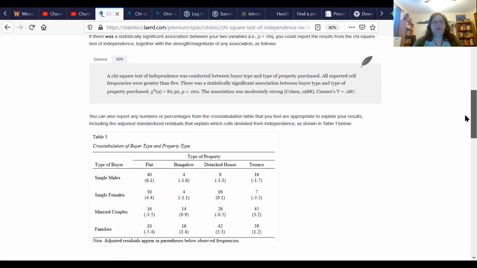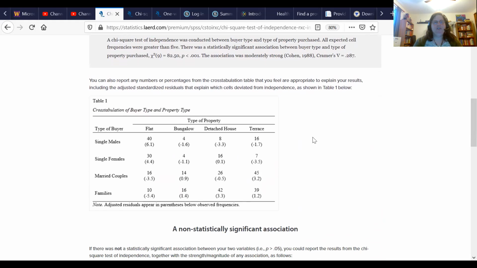So that's it. It's a pretty short one, as you can see, in terms of the write-up. Like I said, I would probably add that sentence in to talk about which ones are significantly different than independent. So in this case, single males purchasing a flat was higher. Single females purchasing a flat was higher than expected. Married couples purchasing a flat was lower than expected.